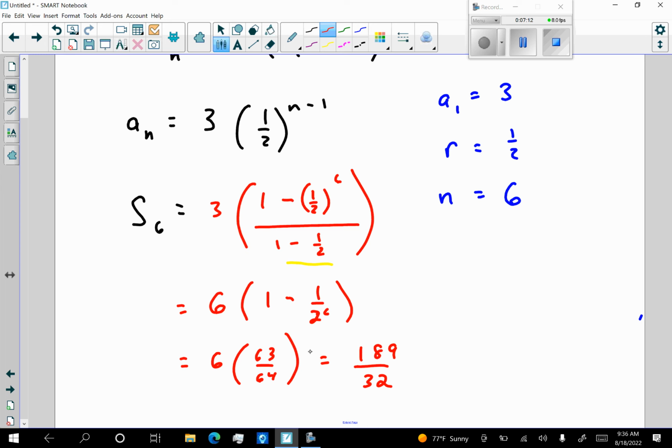That happens to be 63 over 64. 2 to the 6 is 64. 64 over 64 minus 1 over 64 is 63 over 64, times 6 is 189 over 32. So that's the 6th partial sum of the geometric sequence defined by 3 times 1/2 to the n minus 1.